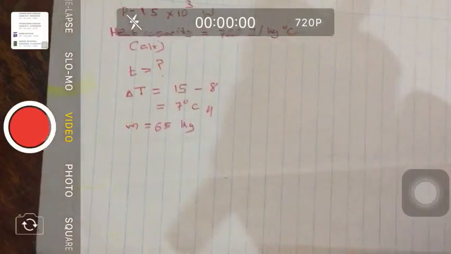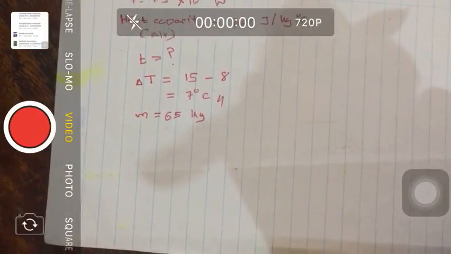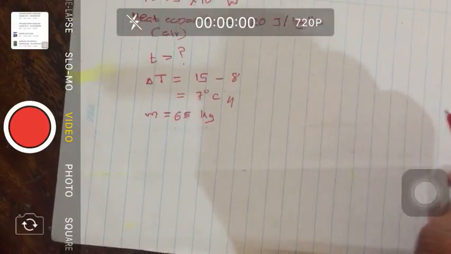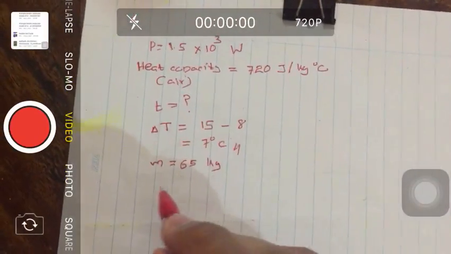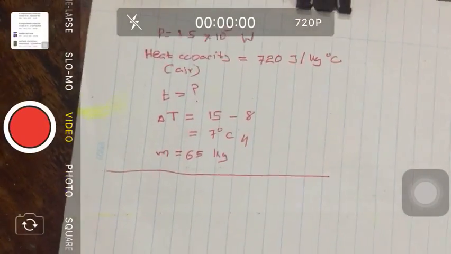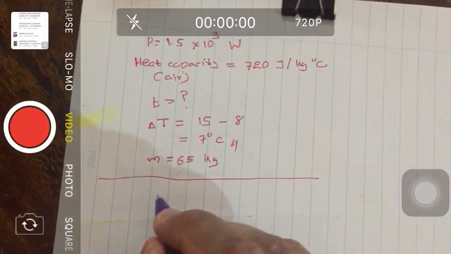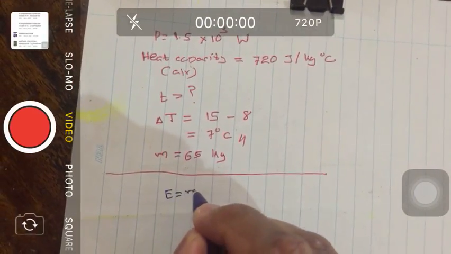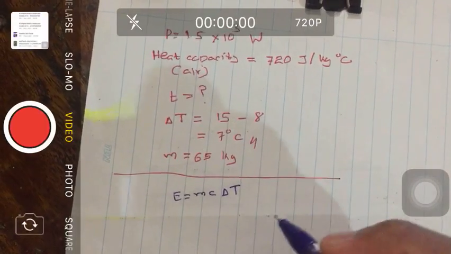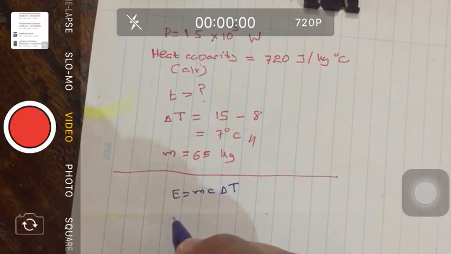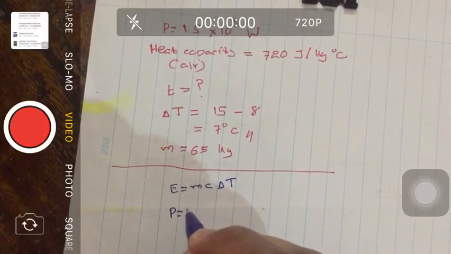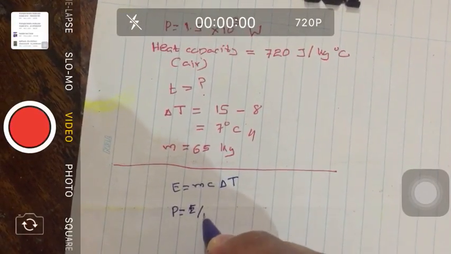So if you want to calculate the time taken by the heater, now, there are only two equations so far we've been dealing with in these kinds of questions, right? One is E is equal to mc delta T. The other is power is equal to energy divided by time.